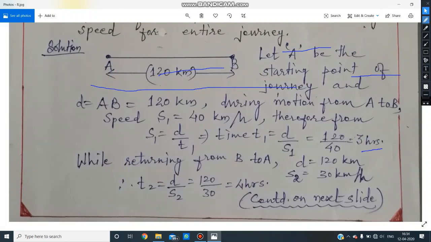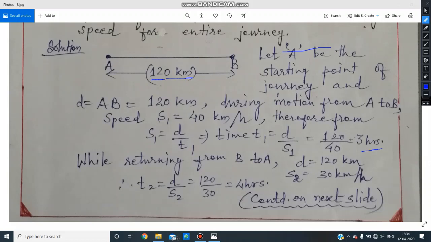Say here, the starting point is A and the final point after the forward journey is B. So according to the question, while going from A to B, the distance covered will be 120 kilometer. Here the explanation has been given simultaneously.